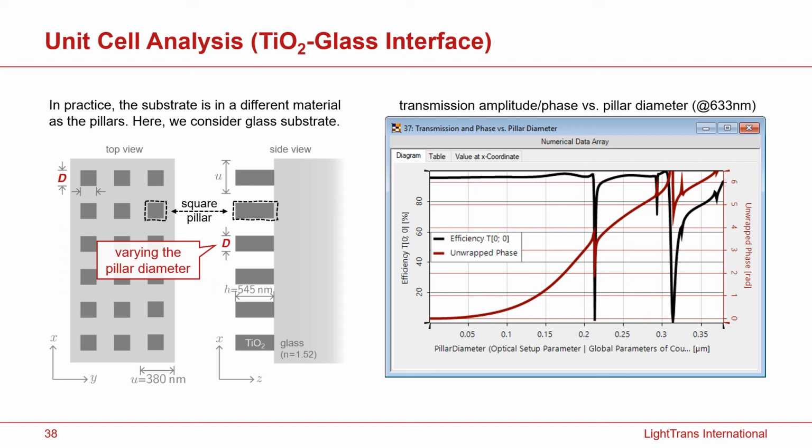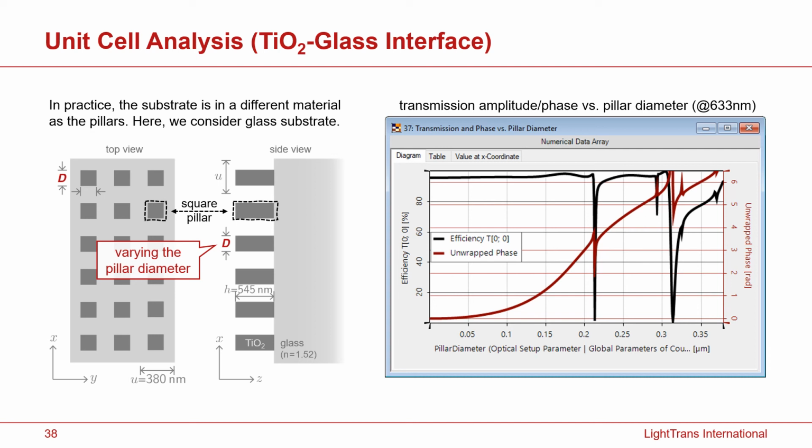By the way, here we have used titanium dioxide to make the pillar because it has a relatively high refractive index in the visible range. Now on the right side, you see the simulation result, the rigorous simulation result from VirtualLab. The red curve shows the phase transformation.